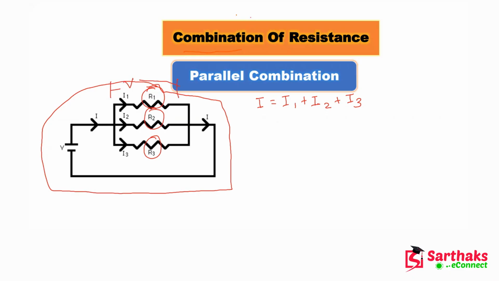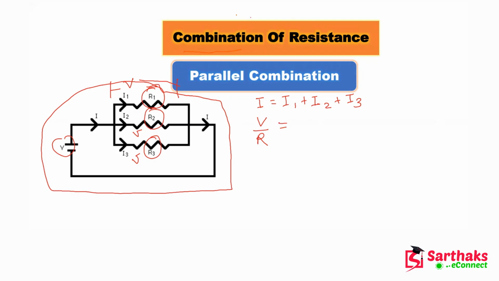For each of them, the voltage will be V. This is also the overall voltage V. And here I am writing R. Now you tell me what is the meaning of this R. This R is the combined resistance of this circuit.